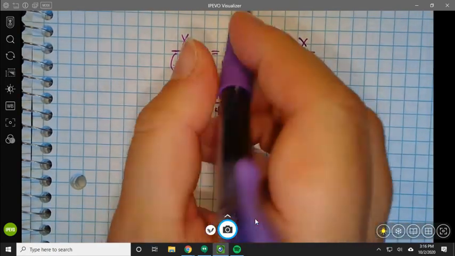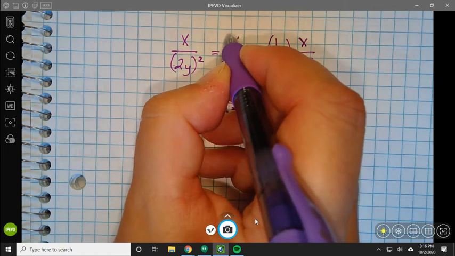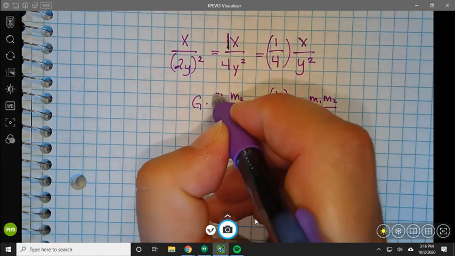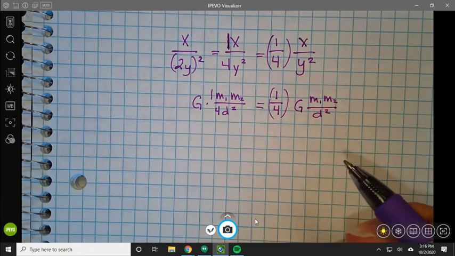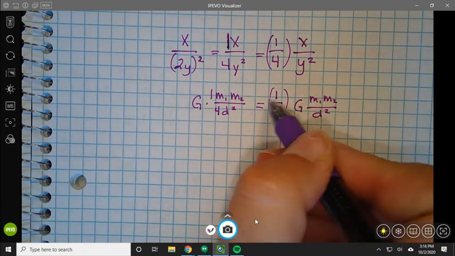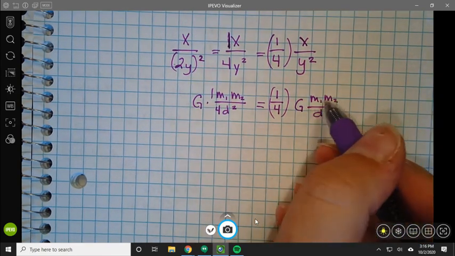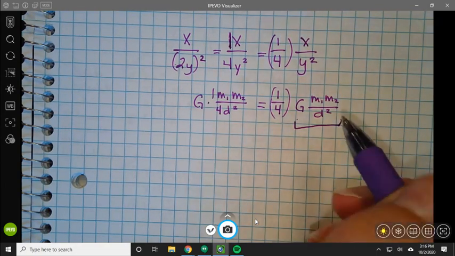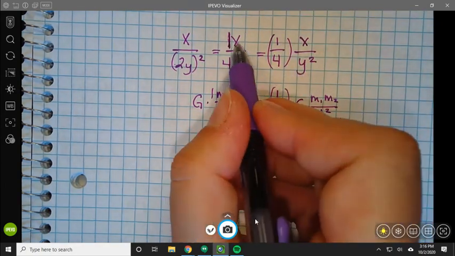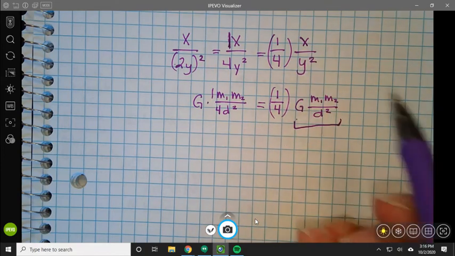Just like we kind of put in an understood one here, we can also put in an understood one there. And so we can pull that fraction out to the front. And then this value remains, just like up here, that value remains.